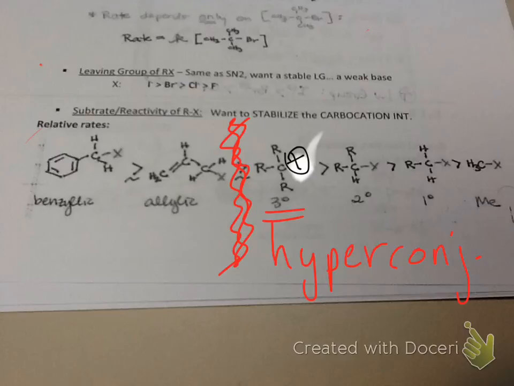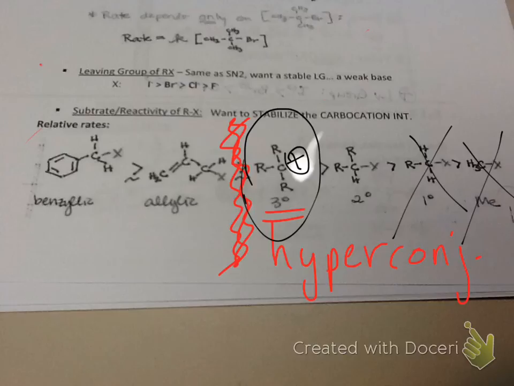So tertiary alkyl halides form tertiary carbocations. And we know tertiary carbocations are the most stable, the most hyperconjugated. The least are methyl groups, and primaries are not very stable either. So for SN1 reactions, tertiary and secondary carbocations are favored, from secondary and tertiary alkyl halides.